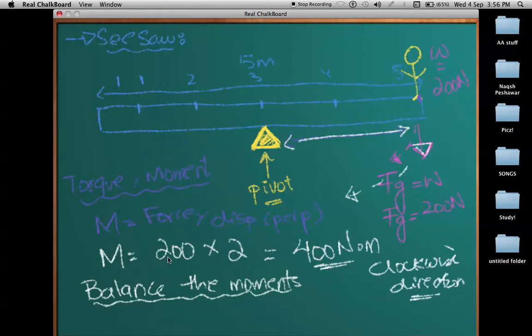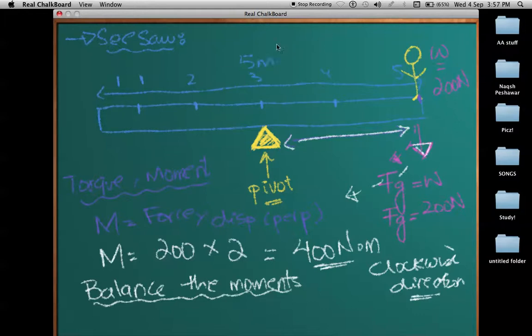Since my friend is exerting a moment of 400 newton meters clockwise, I would have to make sure that I am exerting a 400 newton meter moment in the anti-clockwise direction.